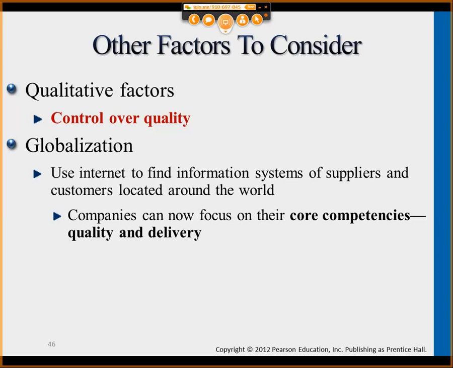Another factor is globalization, when we use the internet to find information systems of suppliers and customers located all over the world. That gives us some advantage. So companies can now focus on core competencies such as quality and delivery.